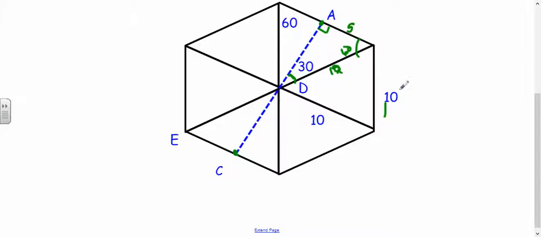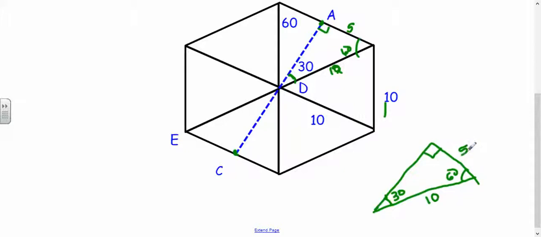Okay? So if you take a look at your 30, 60, 90, let's just draw this. Here's the way it would look, right? So this is 30. This is 60. This is 90. And this is 10. And this is 5, which makes sense because the hypotenuse is 2 times the short side.